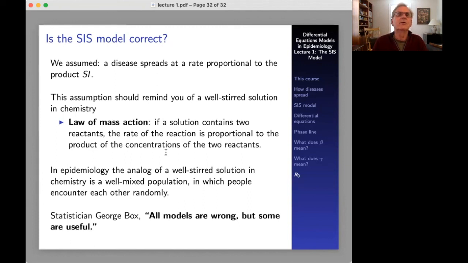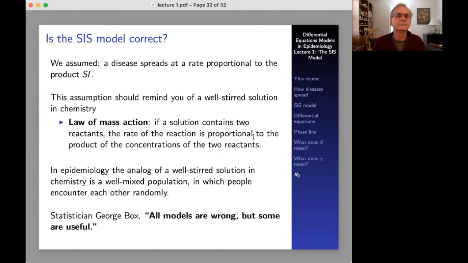Very much like what we're doing here when we use the product of S and I. So in chemistry, this is correct for a well-stirred solution. What's the analog of a well-stirred solution in chemistry? It's what's called a well-mixed population in epidemiology, a population in which people are mixing up and just encountering each other randomly. So for a population like that, the SIS model is correct.